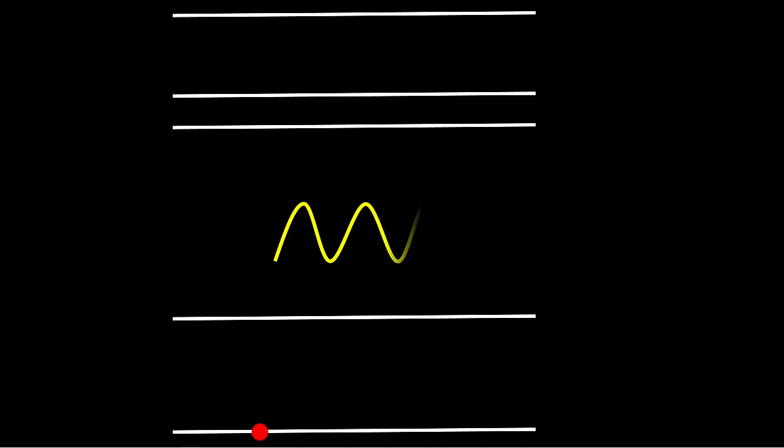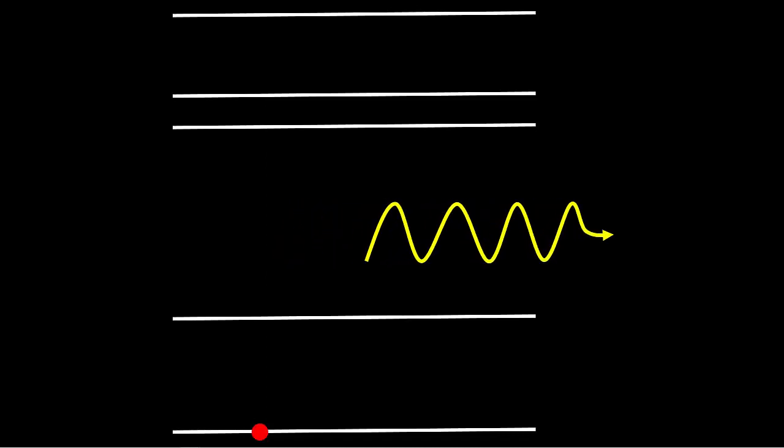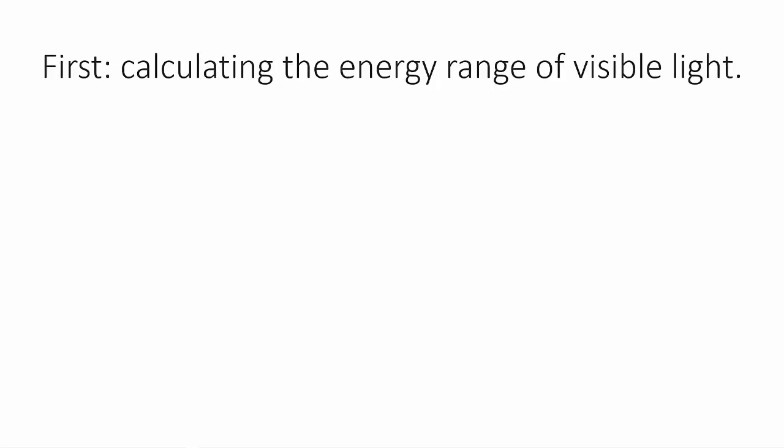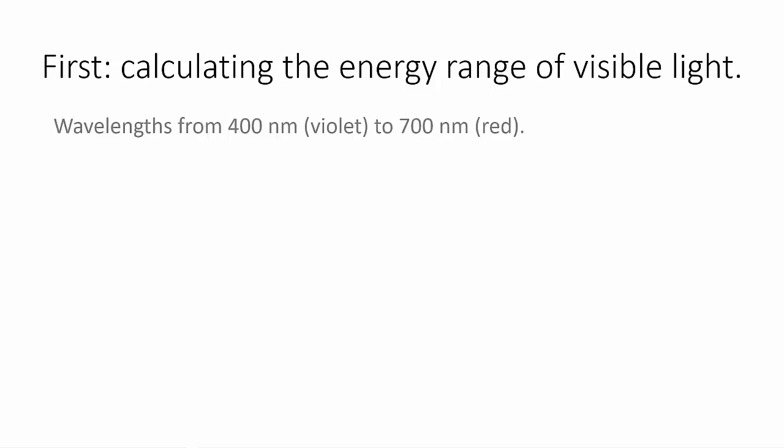That lost energy shows up in the energy of a photon that is carried away or carries itself away from the atom. The difference in energy between the two levels we'll call E, and that difference in energy determines the wavelength of the photon. First, we'll calculate the energy range for visible light.